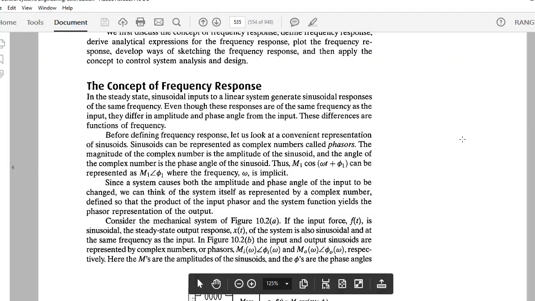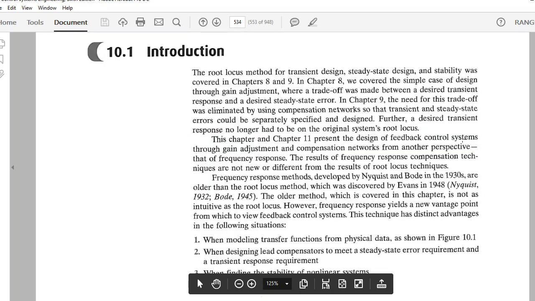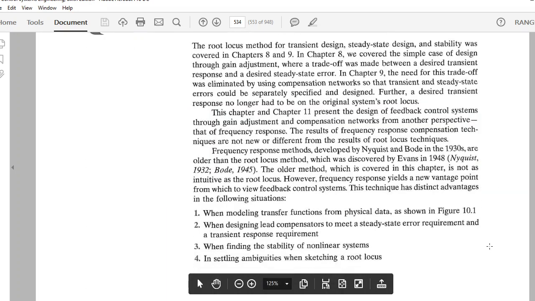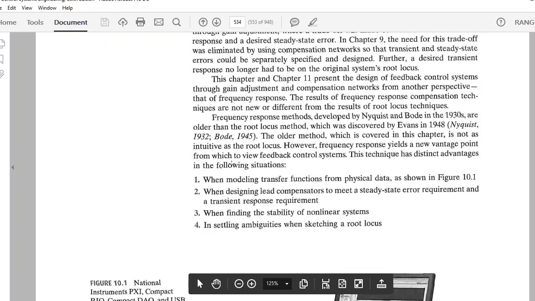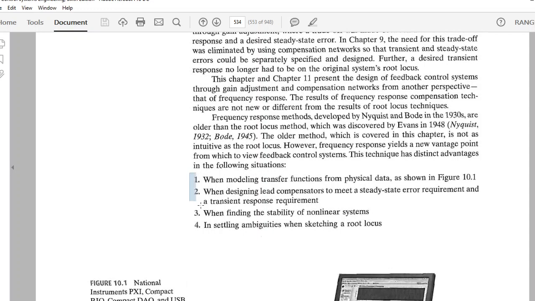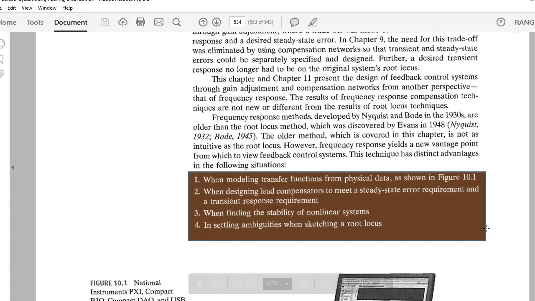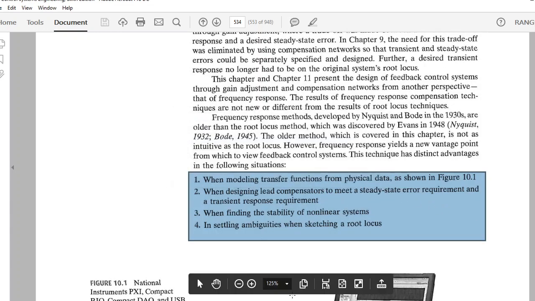In the textbook, you can see that they've specifically listed 4 advantages of this specific approach. So it says here, this technique has distinct advantages in the following situations. So where is the frequency response useful?